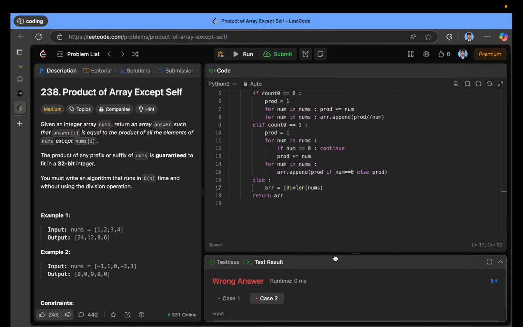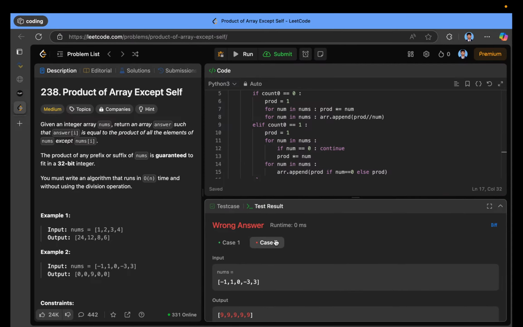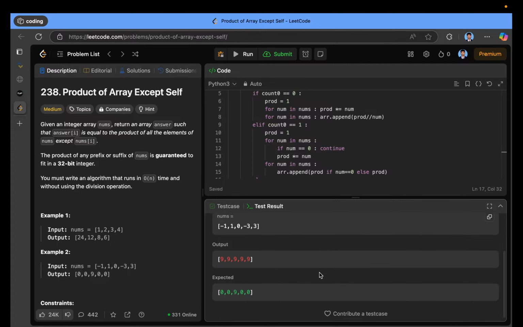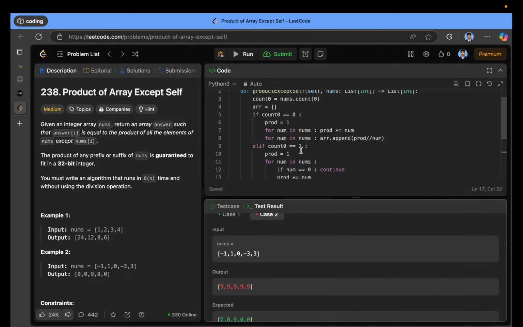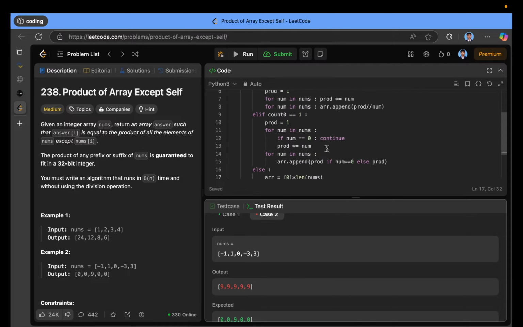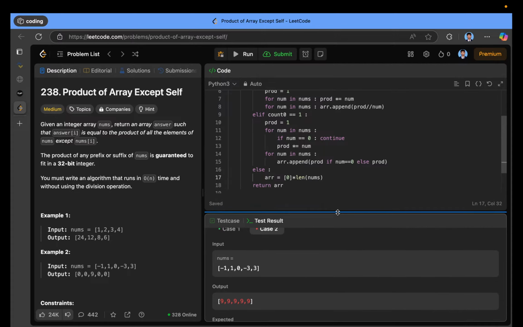Wow, wow, wow. Well, I have done it: if 0 is present, if num == 0, continue. Wow.